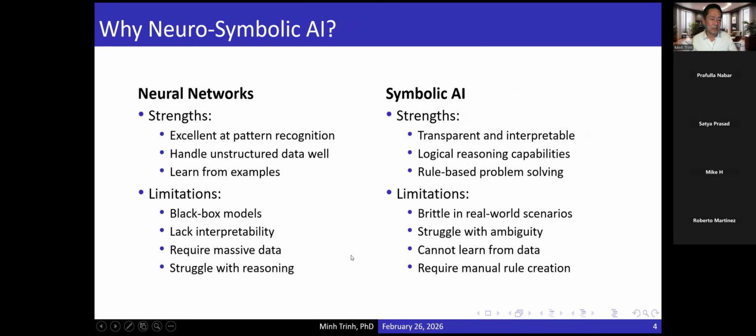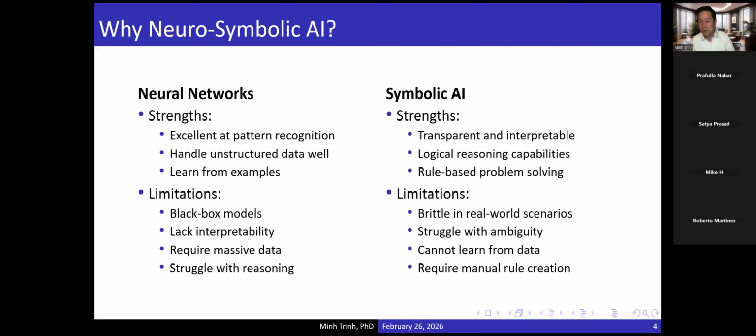So quickly, you must have the intuition of this. Neural networks' strength is that they're very good at pattern recognition. They handle all kinds of data, structured data, pretty well. They learn from examples, so we need a huge amount of training data, all the data on the internet, for instance. A limitation is that they're a bit of a black box.